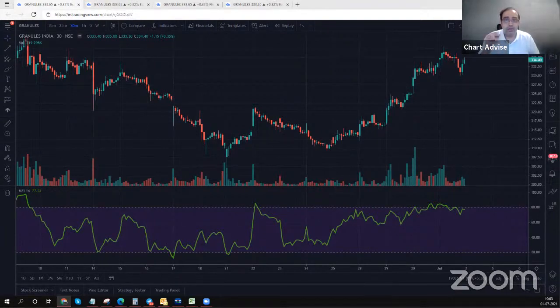The continuous buying and selling pressure which emerges in the market gives you that bit of an edge, and by analyzing the Money Flow Index, you get a very good idea about the kind of interest there is in the stock.